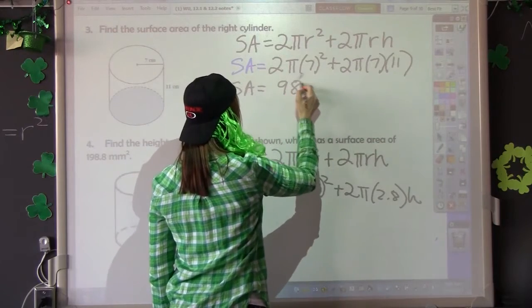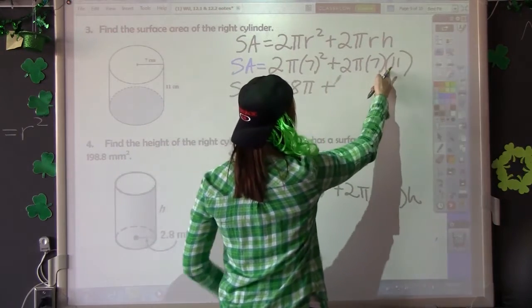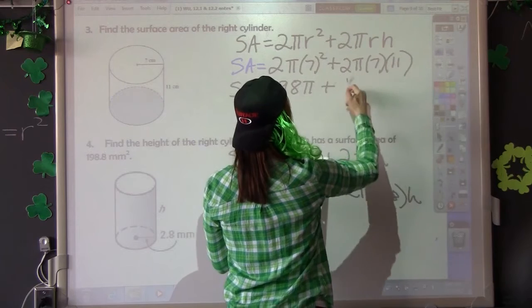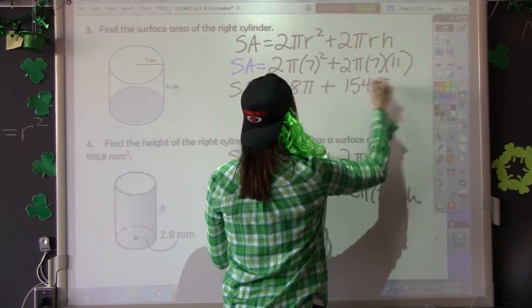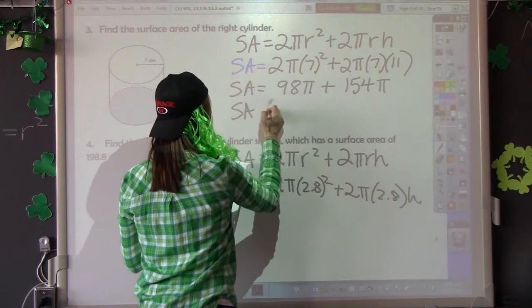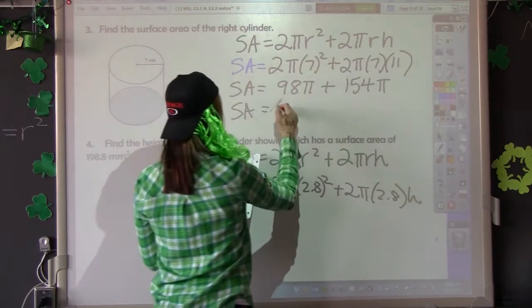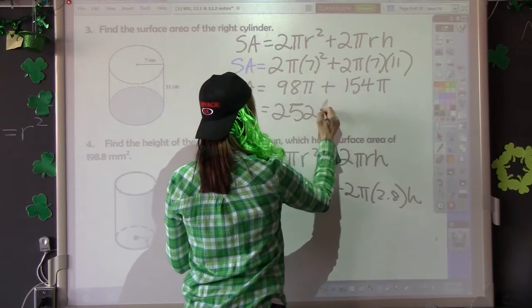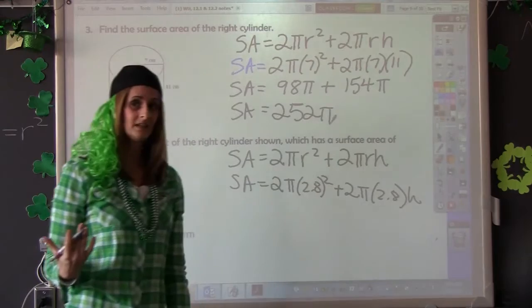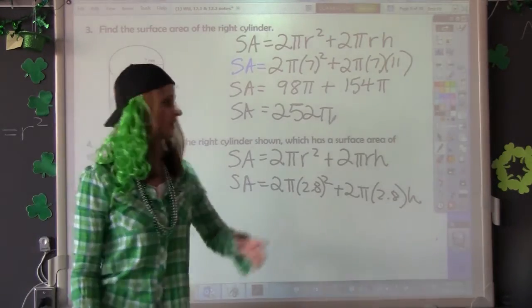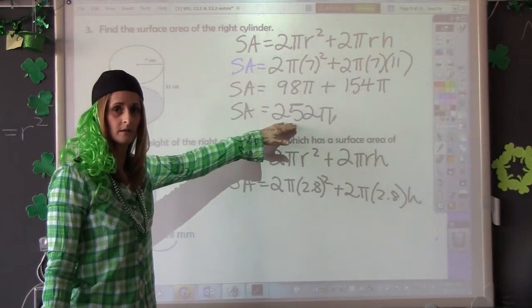This is 98 pi plus, what is this, 154 pi? For a total of how many pi? We can add those together now. We get 252 pi. It is likely that your answer on your SOL could be written like this.